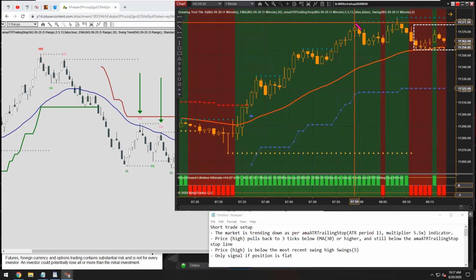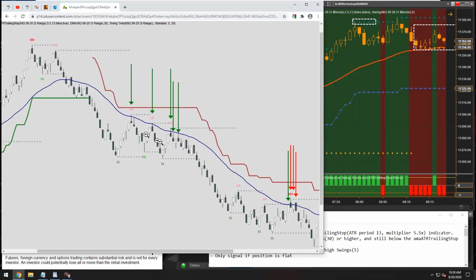So with a setting of 5, basically 1, 2, 3, 4, 5, the swing is not known yet. So 5 bars have to go by before that NinjaTrader swing indicator can actually detect the swing point.